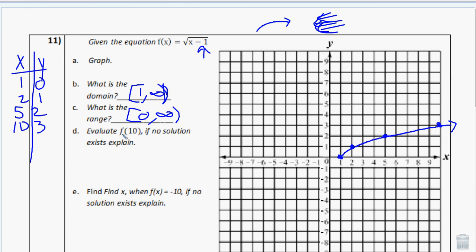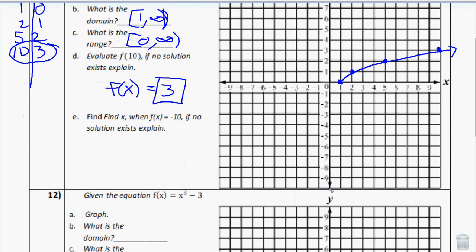They're asking me to evaluate f of 10. If I plug in a 10 for x, what is the y? It's right here. F of 10 equals 3. Find x when f of x equals negative 10. Well, do I get any negative values for my y? Does it ever reach down here to negative 10?